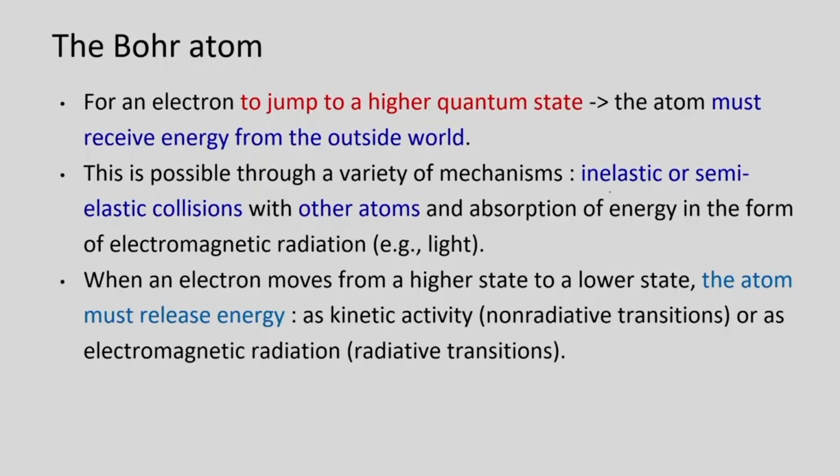Here we can consider that the jumping of the electron is due to inelastic or semi-elastic collisions with other atoms. So, what is the meaning of inelastic collision? During an inelastic collision, there is loss of kinetic energy during the collision of two atoms.